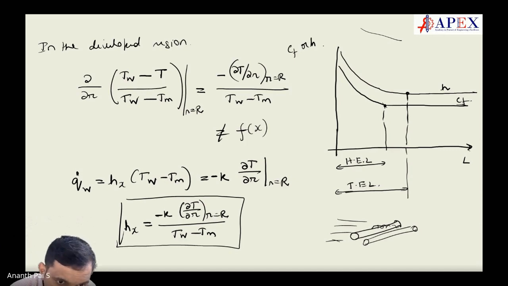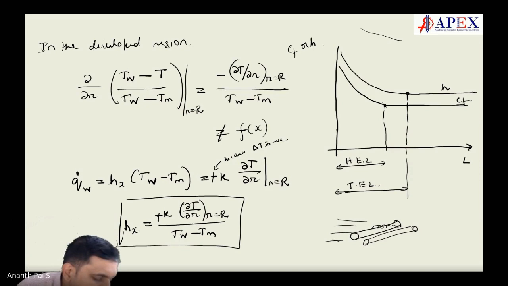If Tw is lesser than T mean, the heat goes from higher to lower, so this can be plus, because dT by dr is negative. Obviously it is negative as it goes to the wall. So that k should be negative.